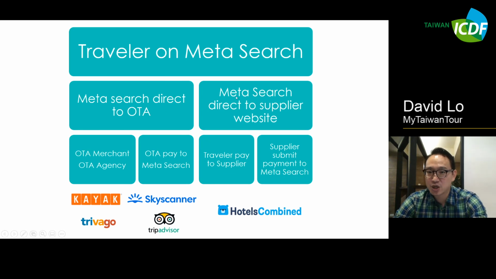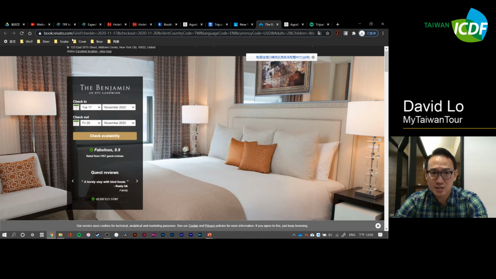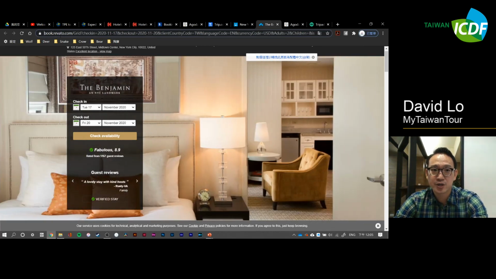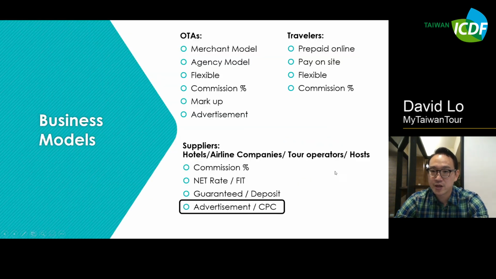But for meta search directing to suppliers' websites, like this Revato, actually a product of Hotels Combined, they charge commission as well. So meta search has different kinds of business models, like we mentioned here.